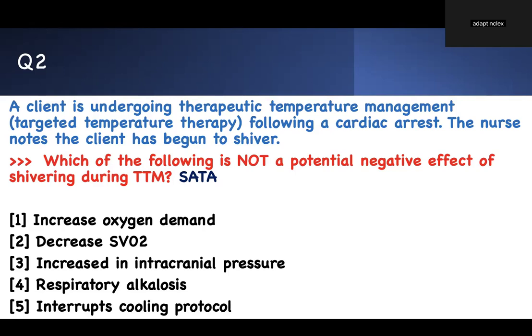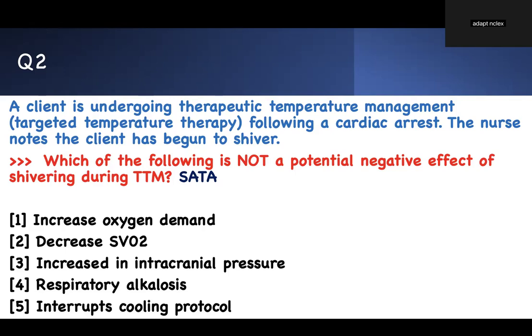But what else is going to happen? You have a hypoxic state. In the process, you lead to respiratory what? Acidosis, not alkalosis. You're also going to interrupt your cooling protocol. Why? Because you generate your own heat when you're shivering, and this will affect the therapeutic index that we're trying to assess regarding your brain function and the targeted temperature.